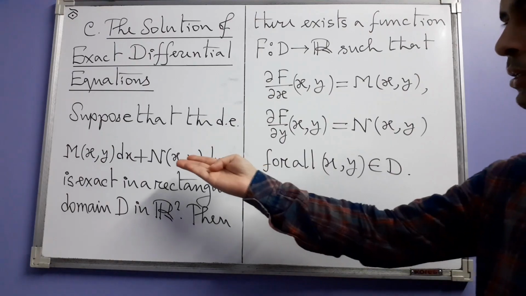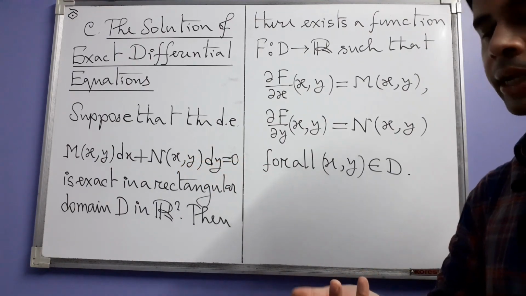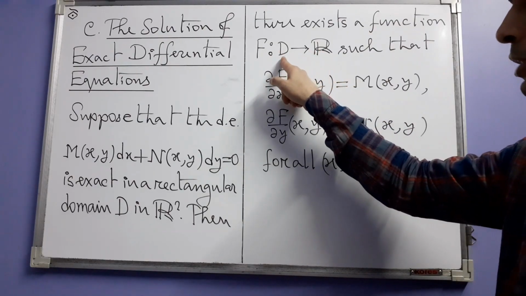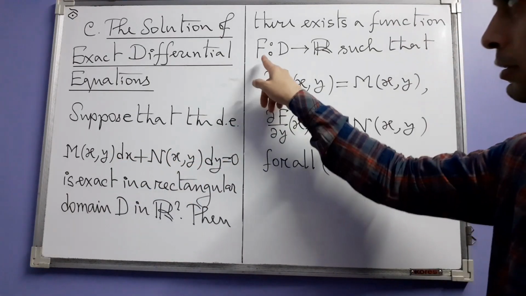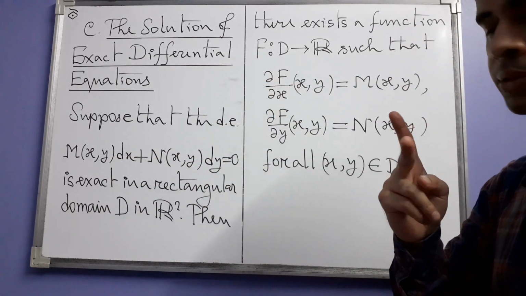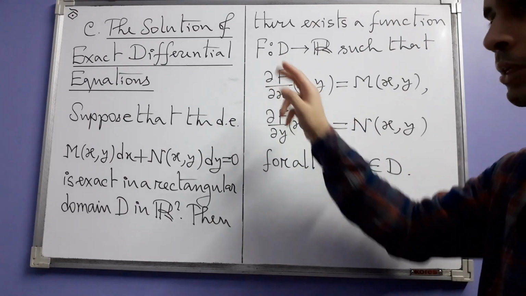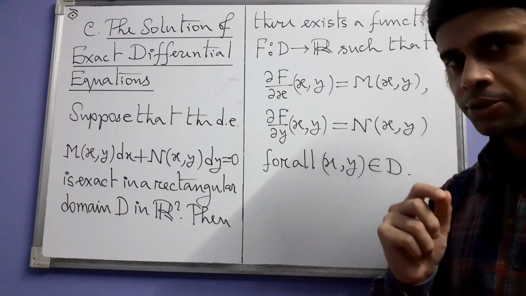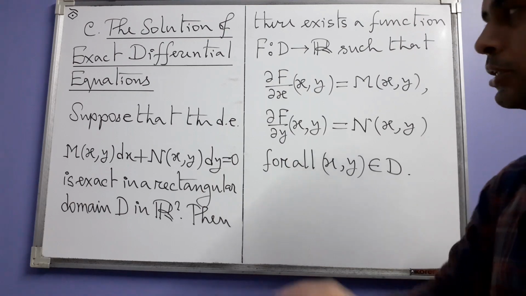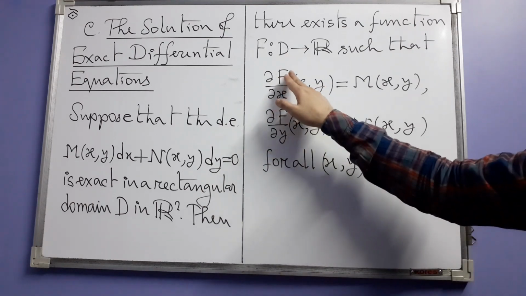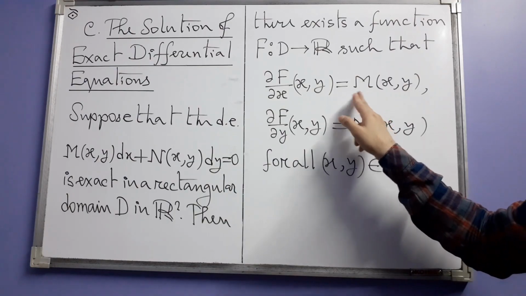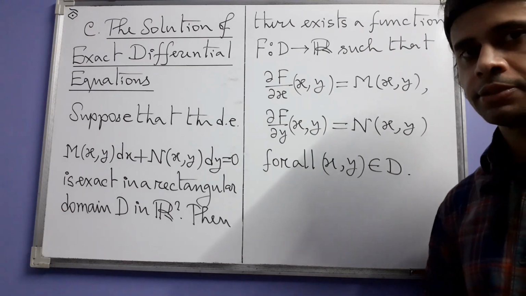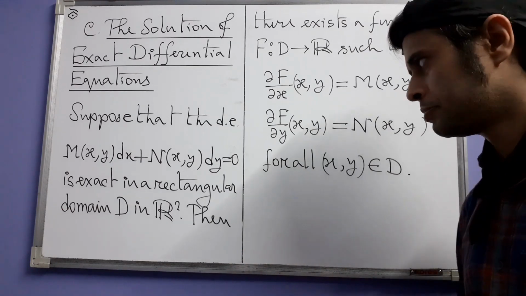That definition tells that such an equation is defined to be exact if there exists a function f from that domain into R, which means that f also, just like M and N, is a function of two variables and f has D as its domain, such that the first partial derivatives of f with respect to both these variables exist and are continuous in D, and del f del x is equal to M and del f del y is equal to N for all (x, y) belonging to D. Okay, so this is just the definition of exactness.